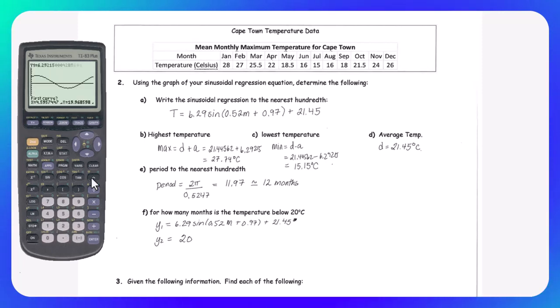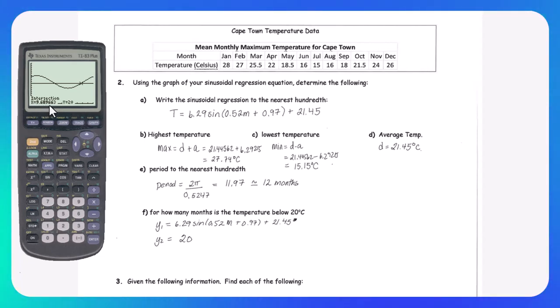Second trace, 5 for intersect. And heading on over, let's just go the quickest way over is on the straight line. And go enter, enter, enter. When we do that, when y equals 20, or when the temperature is 20, it's about 9.689663 months.